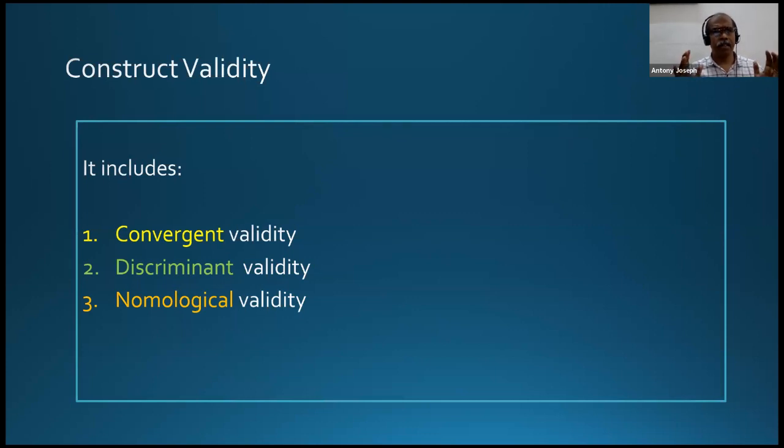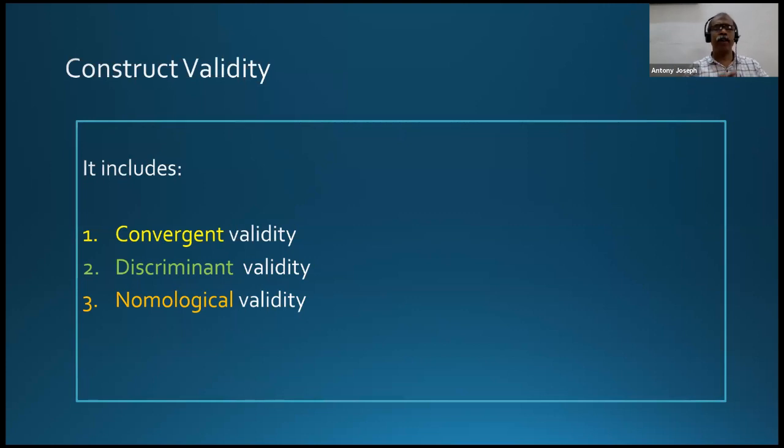I'm trying to explain these three types of validations based on the data used with the help of SPSS. There are different alternative mechanisms by which we can ensure these three types of validation processes.